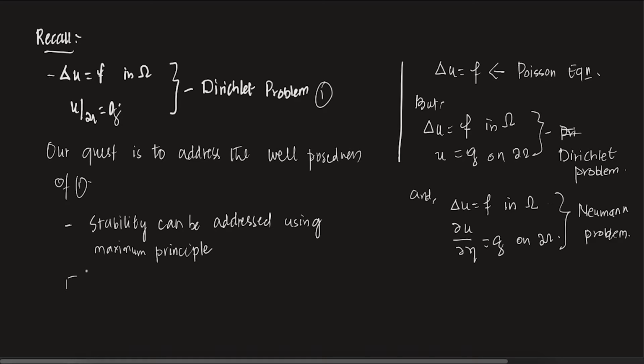Some are for unbounded domains, but those we proved are only for bounded domains. There is also uniqueness, which we have seen you can handle using energy methods, and moreover using maximum principles. So those things are taken care of.